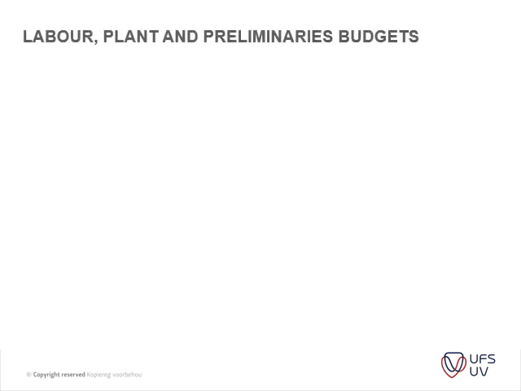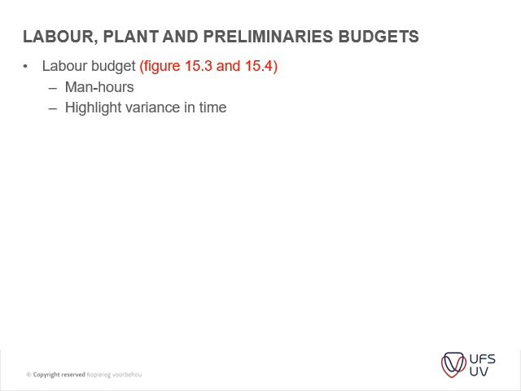Okay, so very easy. Your labor, plant, and preliminary budgets is, if you go to your figure 15.3, that's now on page 335 and 336 for your figure 15.4. If you look at your labor expenditure budget, okay, so please make note that we're looking at your budget, your preliminaries and your expenditure.